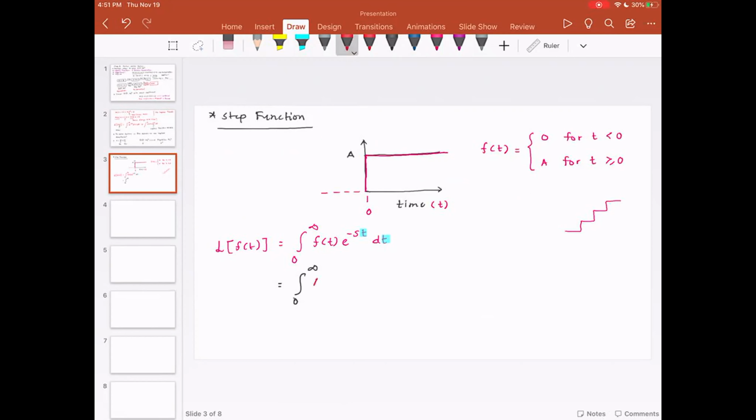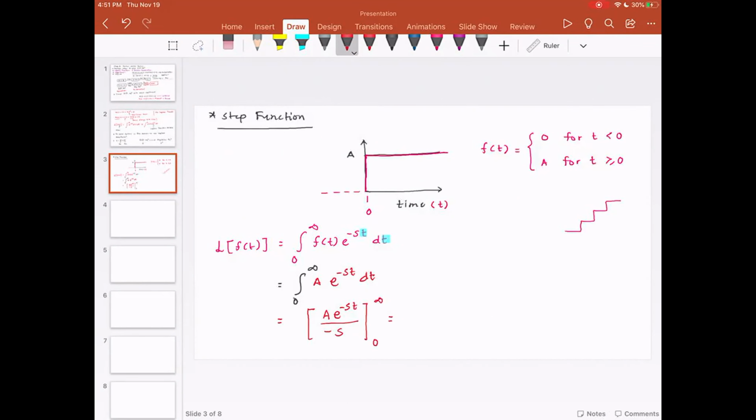For t greater than 0, f of t becomes a e to the minus st dt. The integration of this function is going to be a e to the minus st divided by minus s, evaluated from 0 to infinity.